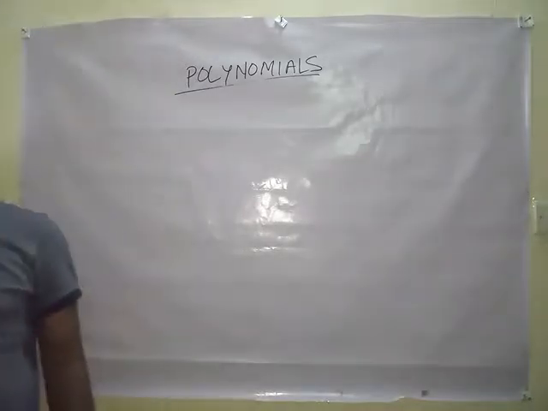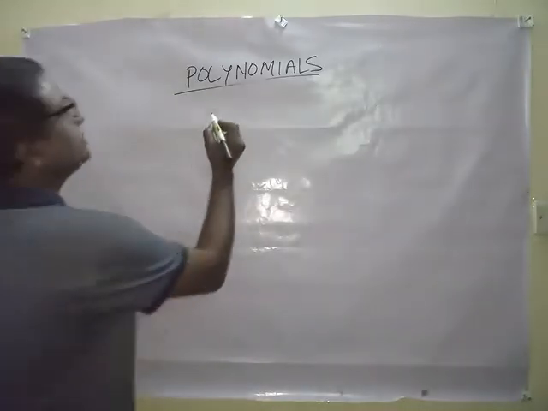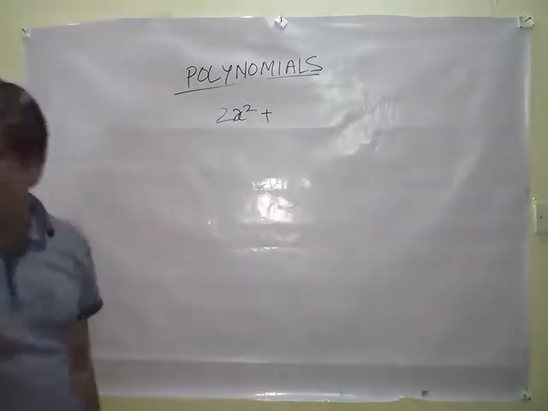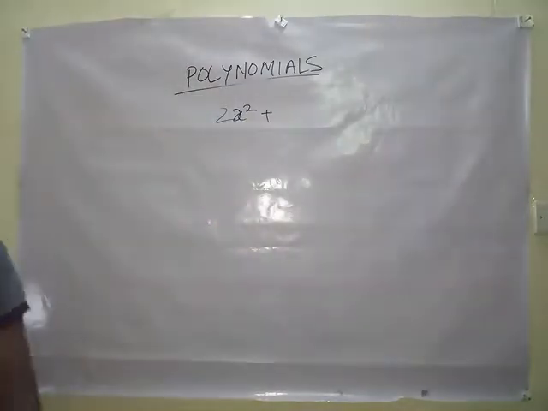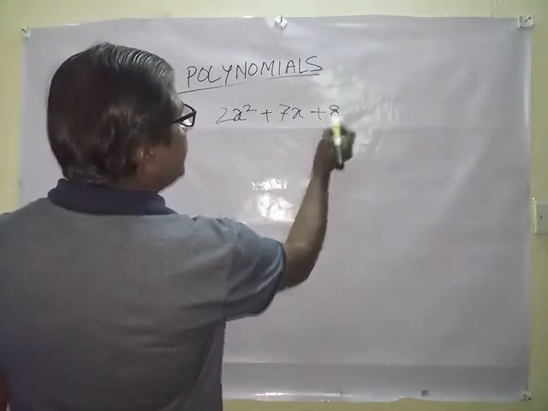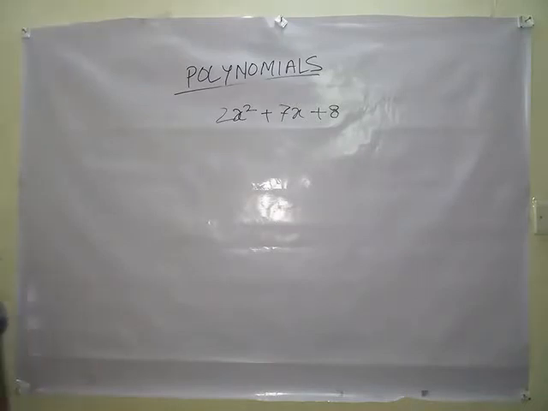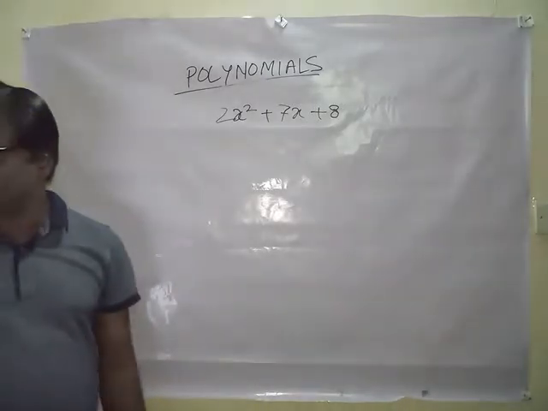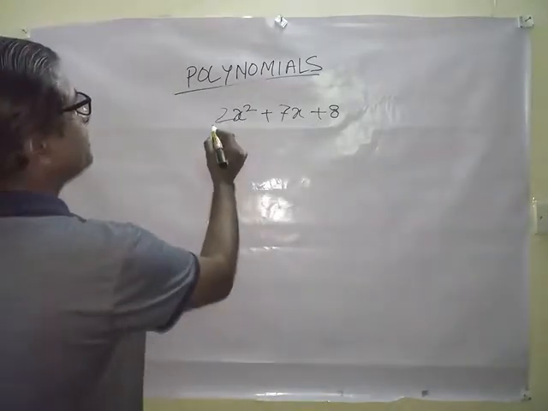In this equation, 2x square plus 7x plus 8, it is a polynomial equation. Now in this polynomial equation, it has 3 terms.